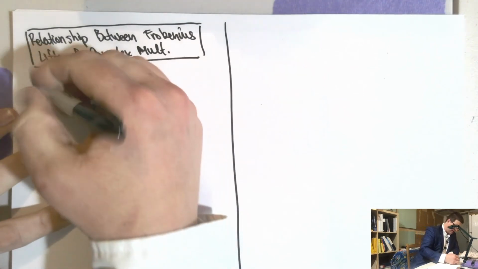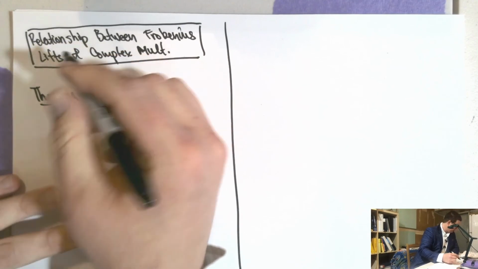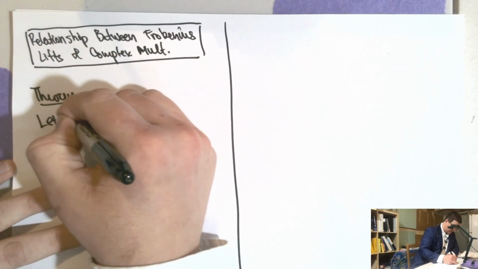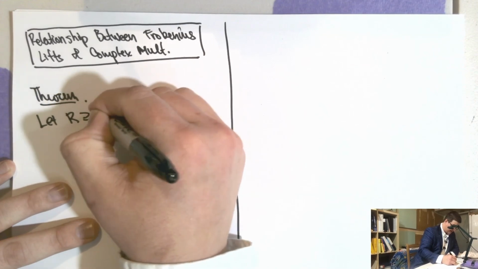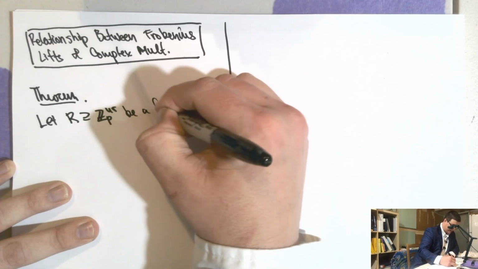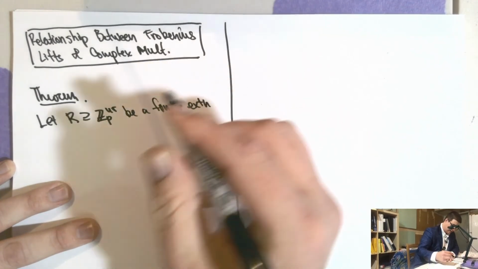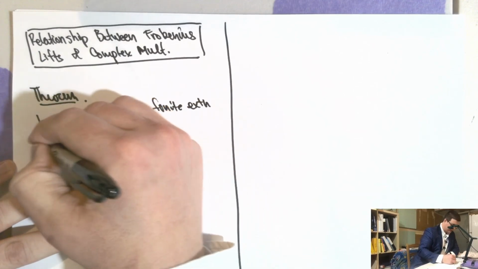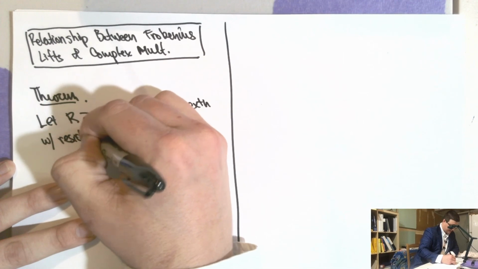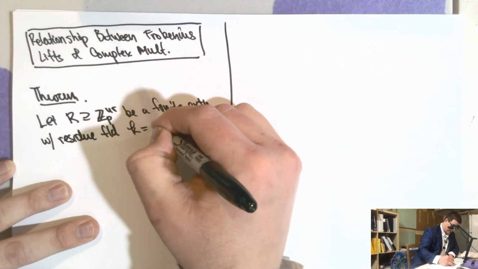So the theorem is as follows. Let R containing Z_p, unramified completed, be a finite extension, with residue field k, which is F_p bar.